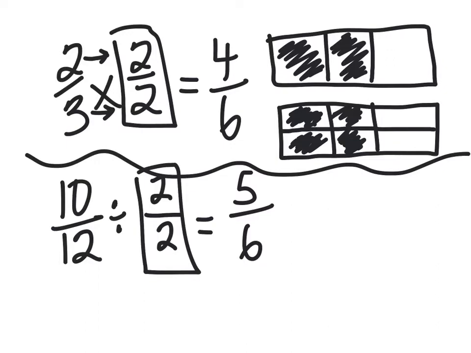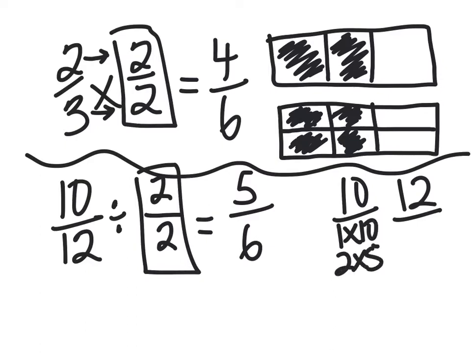What is going to help with this is knowing the lesson that we just left, which was factoring and finding GCFs, greatest common factors. Here's the connection between simplifying and GCFs. If you were to factor 10 and factor 12, it would look something like this.